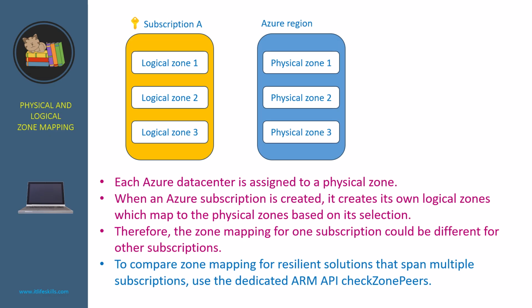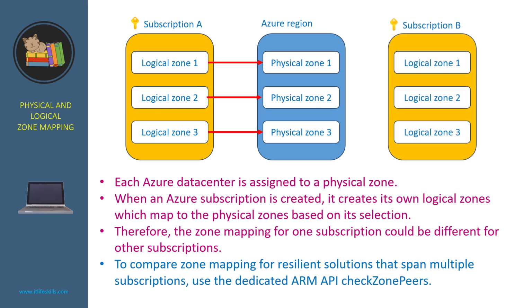For example, subscription A creates three logical zones from 1 to 3, which map to the physical zones in these orders. Now, for a new project, which requires you to create a new subscription in this same Azure region, for example, subscription B, it also creates three logical zones: Zone 1, Zone 2, and Zone 3.